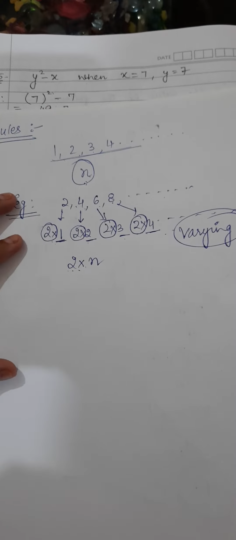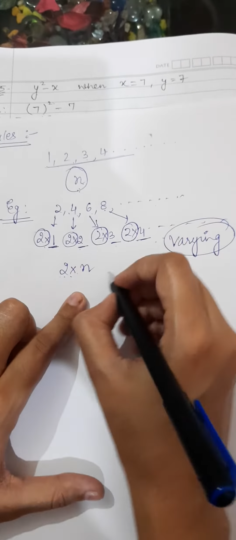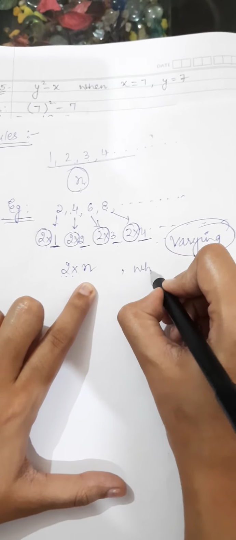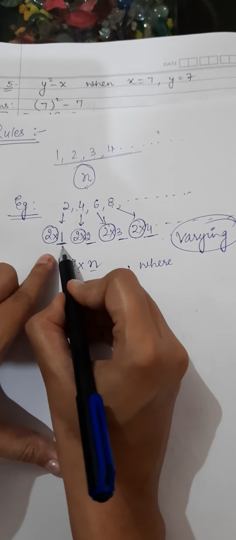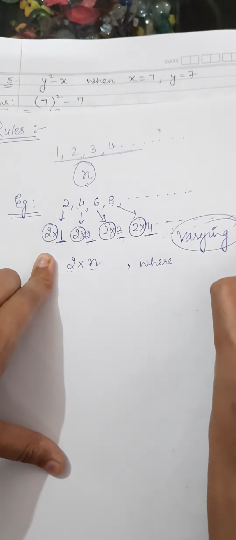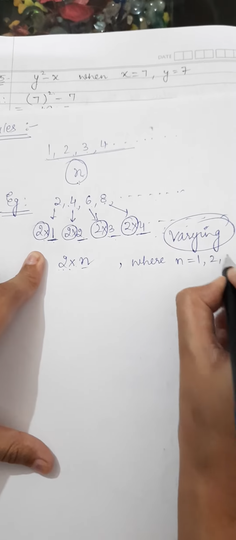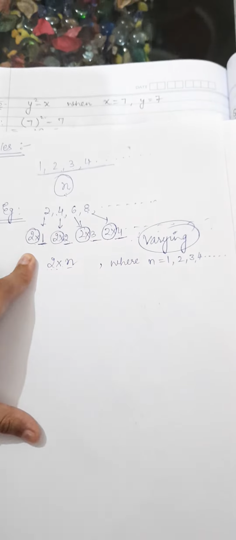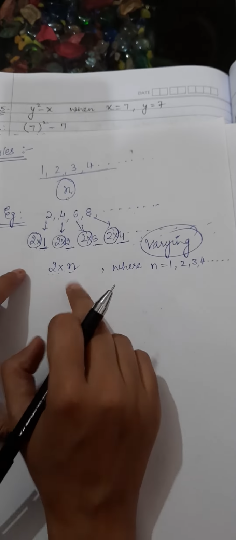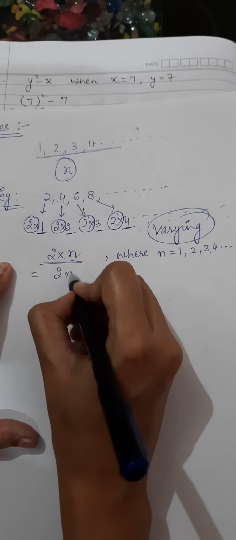Let that variable be n, or any alphabet, where n can be 1, 2, 3, 4 and so on. Then I can say that the pattern is 2n.